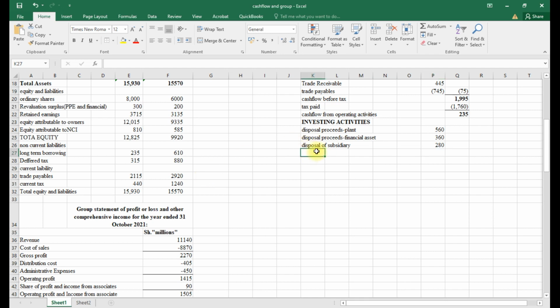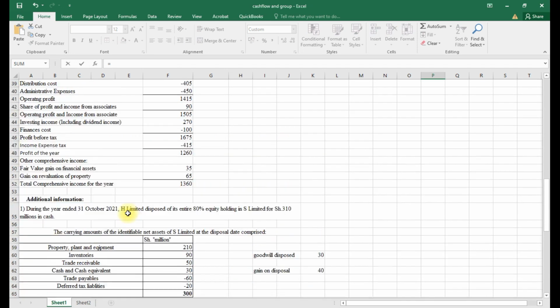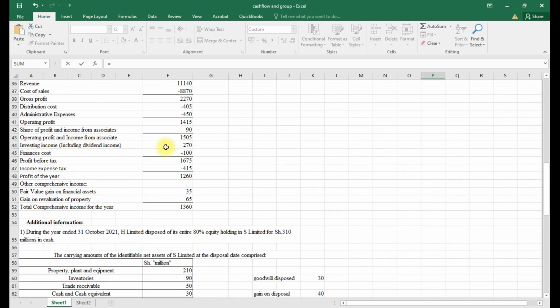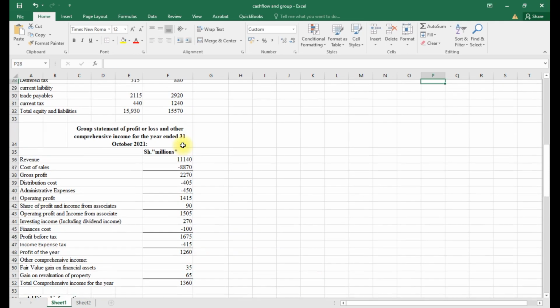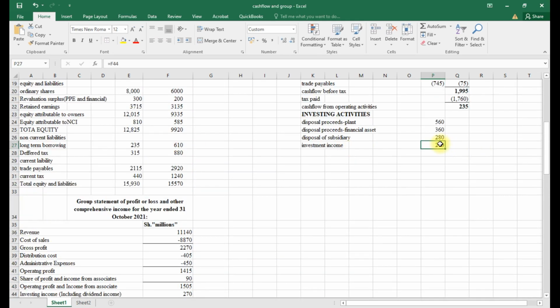Then the other thing, we had the investment income. Remember our investment income here, we had a value of investment income including dividend, we had 270 here, but I will minus the one that we sold.